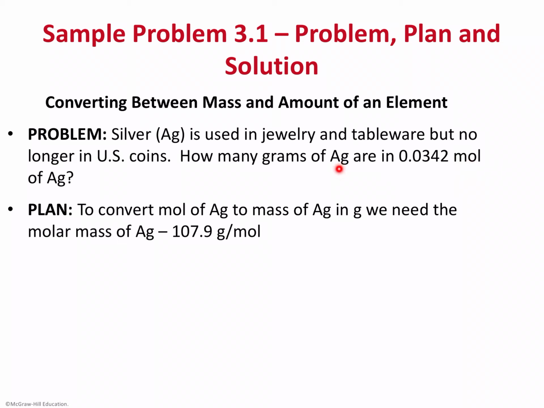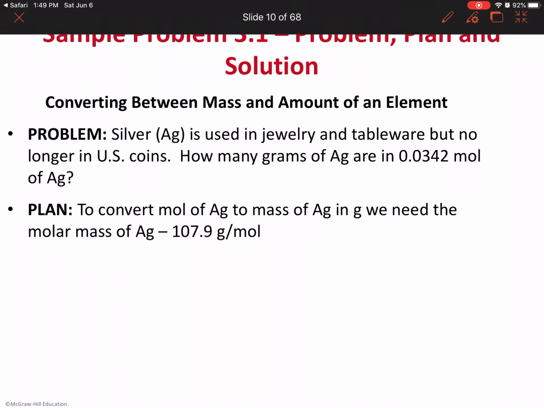How do we find that? We find it from the periodic table. The periodic table gives us the molar mass of silver in grams per mole, so that is for 1 mole. Then we can find the mass of this many moles. To convert the moles of silver to mass of silver in grams, we need the molar mass. Molar mass of silver is 107.9.